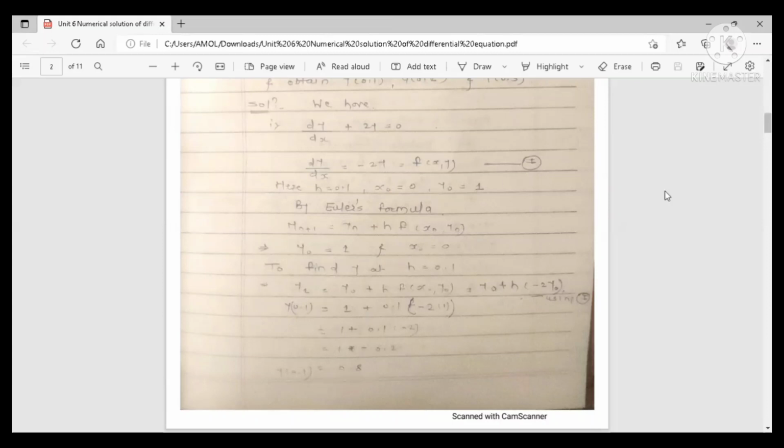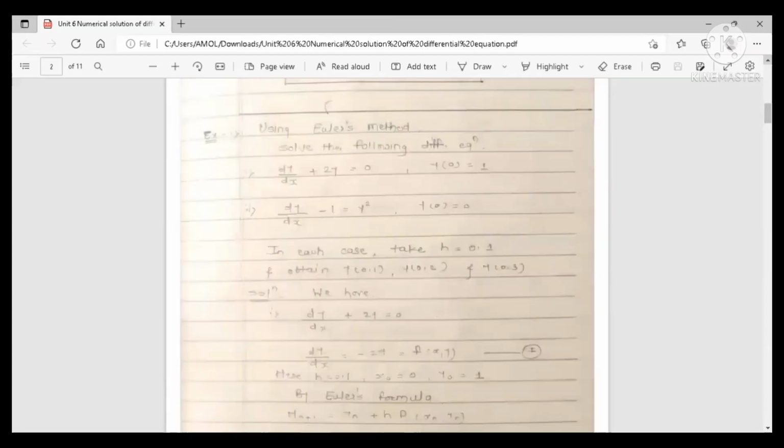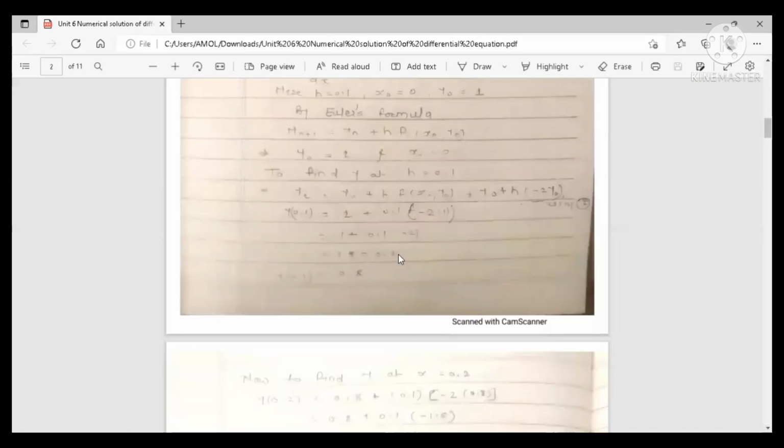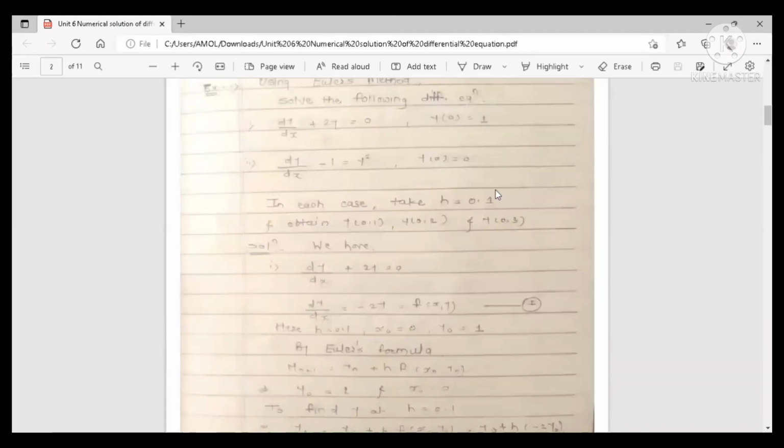Here we are going to find, in each case, take h is 0.1 and obtain y of 0.1. We are finding y of 0.1. So to find y at x is equal to 0.1, how to find it?